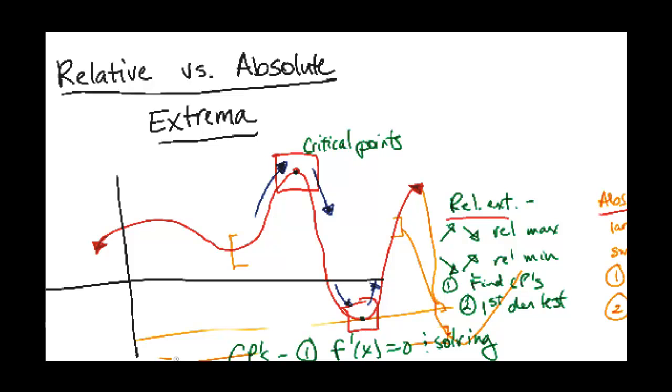Alright, hope that made sense. So basically the point was that you don't necessarily need a critical point to be your absolute minimum. For relative you do, but not for absolute.